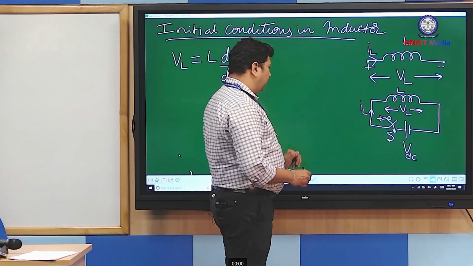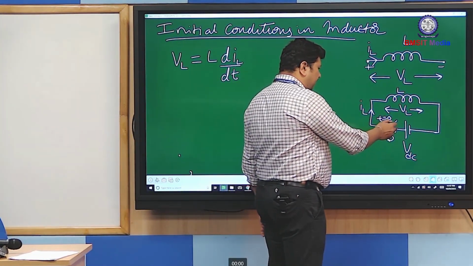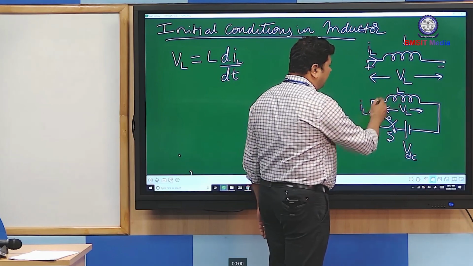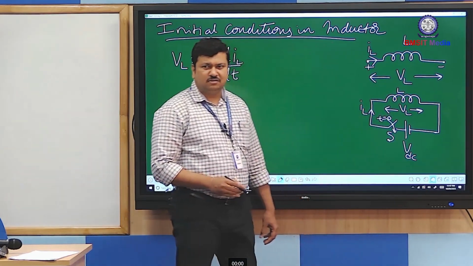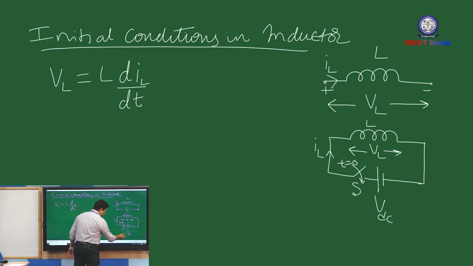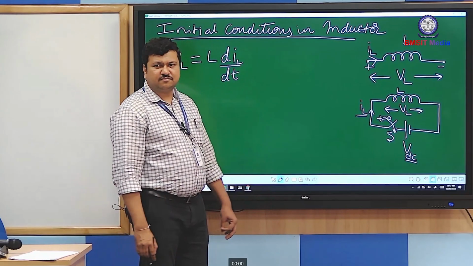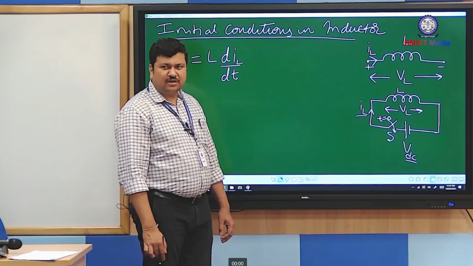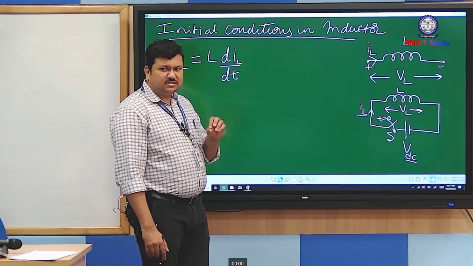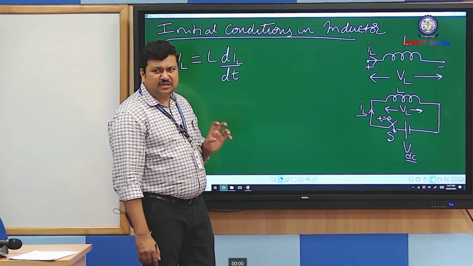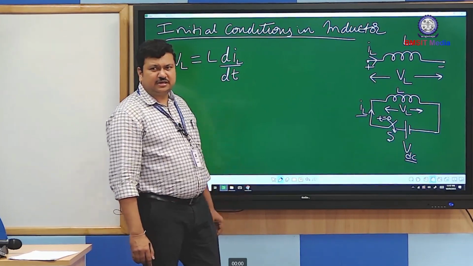Now when at t equal to 0 the switch is closed, the current IL will flow through the inductance L. Because the source is DC, the current flowing will also be DC. For an instant, I will forget about the transient condition and consider the steady state condition.